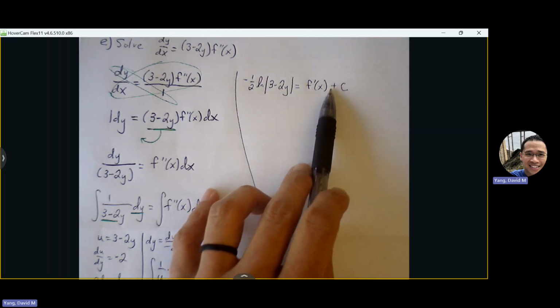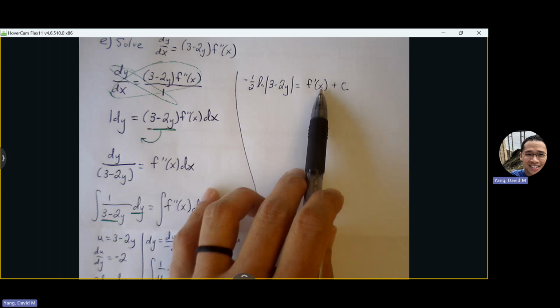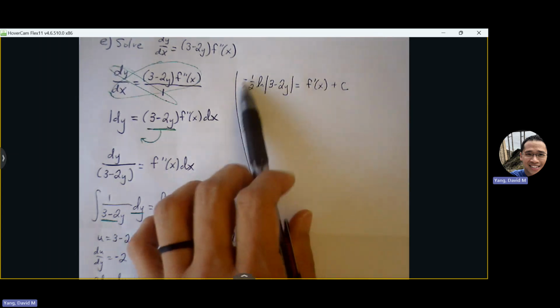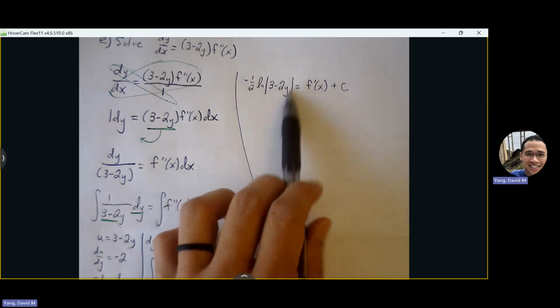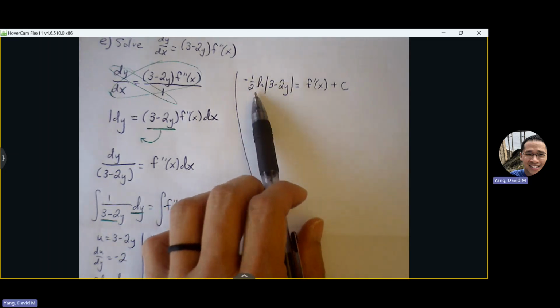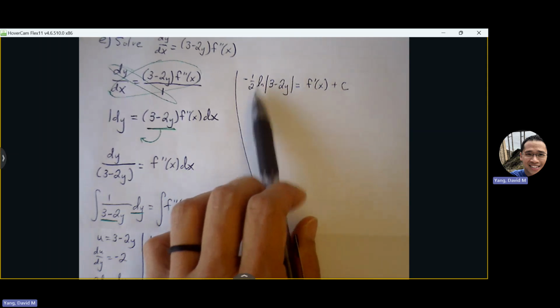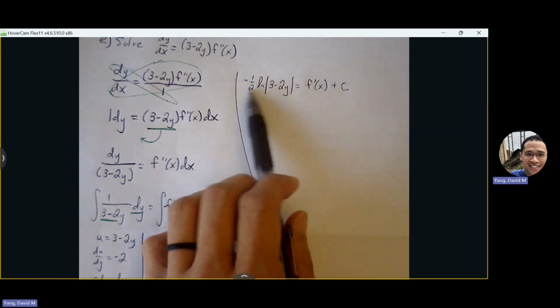There's two things left to do. We've got to solve for C. We've got to solve for y. I'm going to wait to solve for C. I feel like I can clean this up a little bit more here. So I'm going to work towards solving for y. But a couple things are in the way here. This is -1/2. I do want to involve e and natural log to cancel out, but that -1/2 is getting in the way.